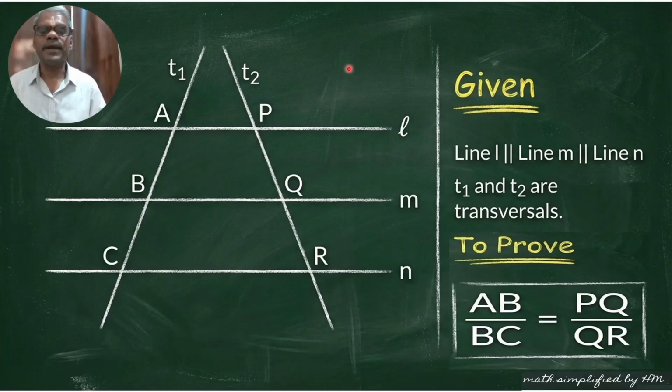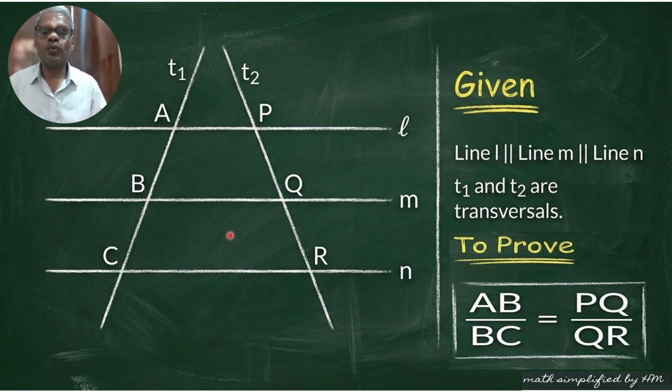According to the theorem statement, we construct the diagram. Line L is parallel to line M, which is parallel to line N, and transversals T1 and T2 intercept these lines.